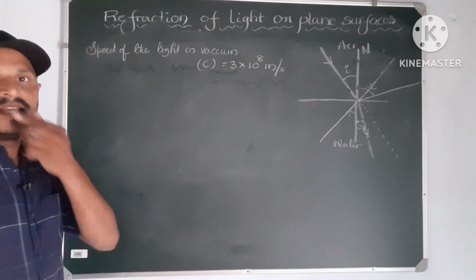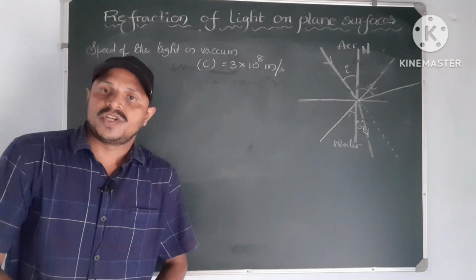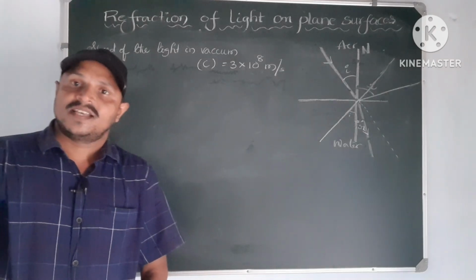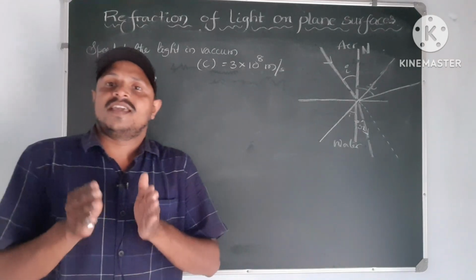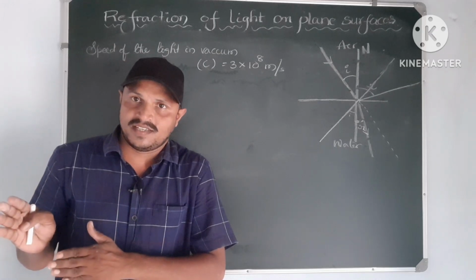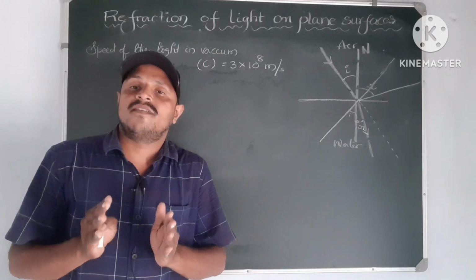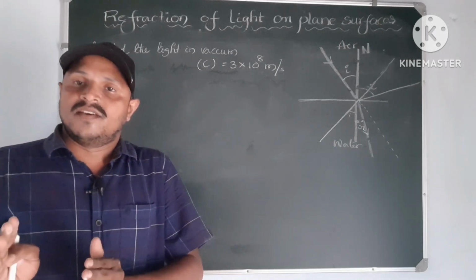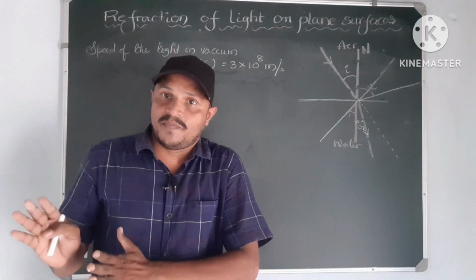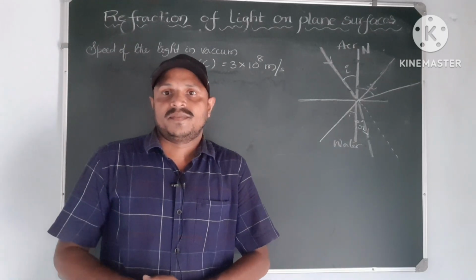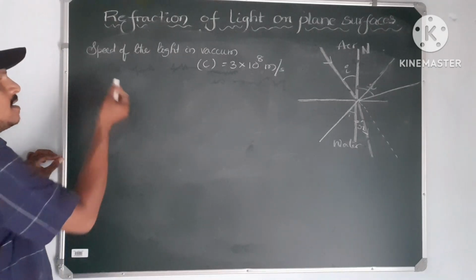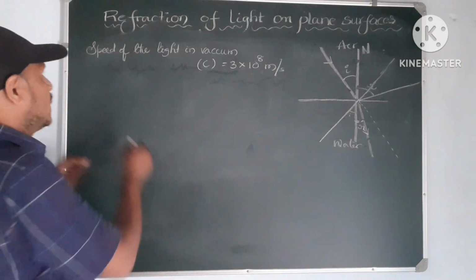So the speed of light in vacuum is 3 into 10 to the power of 8 meters per second. This is the highest speed of light, in vacuum. So light travels in vacuum with the maximum speed, and now consider any other medium.